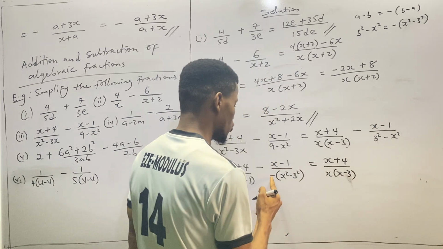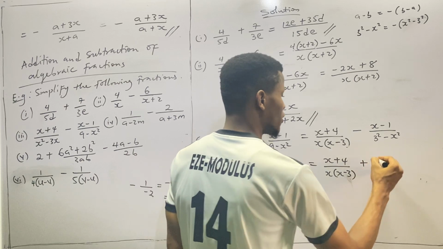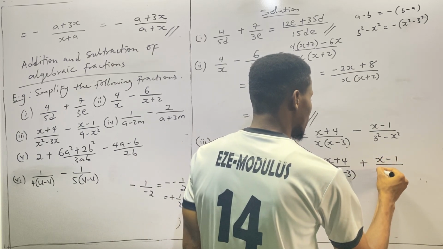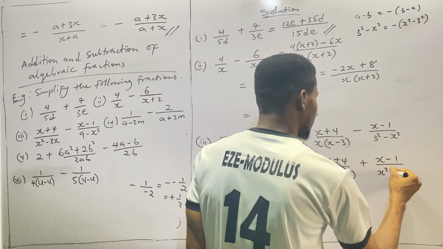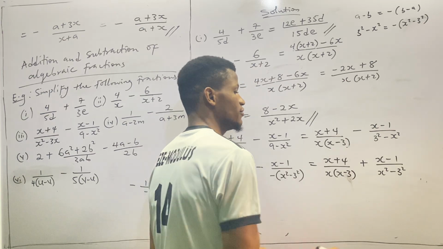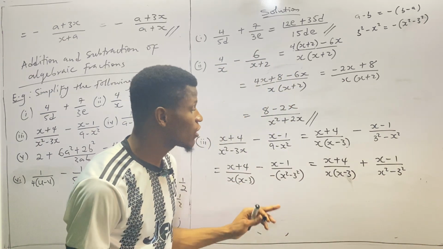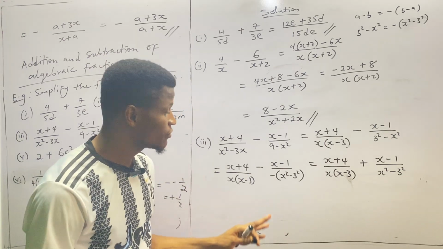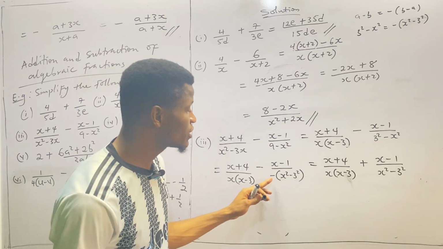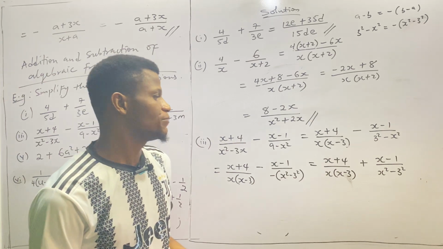All right, so we'll bring out the minus, it becomes plus. So we have plus x minus 1 all over x squared minus 3 squared. All right, so no need for the bracket, because I have already taken out the negative sign that brought about the bracket. The bracket insinuated that the negative sign belongs to both of the numbers. All right, so bear it in mind.